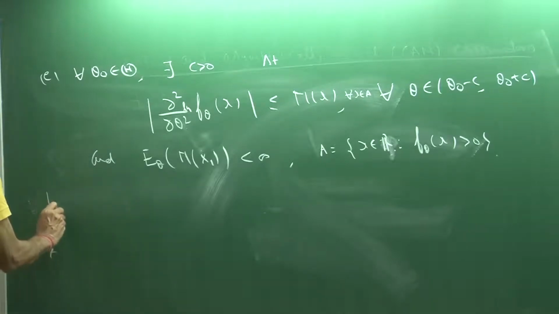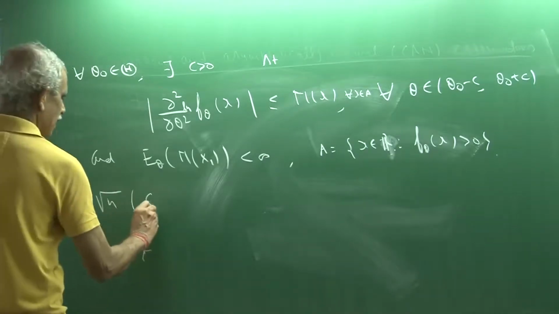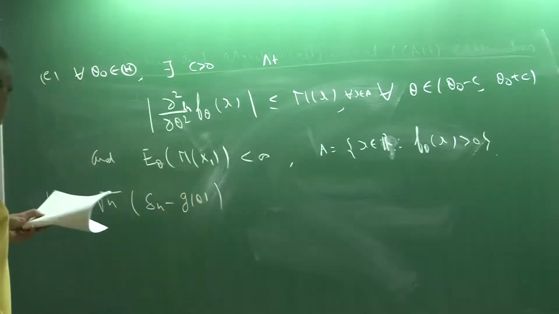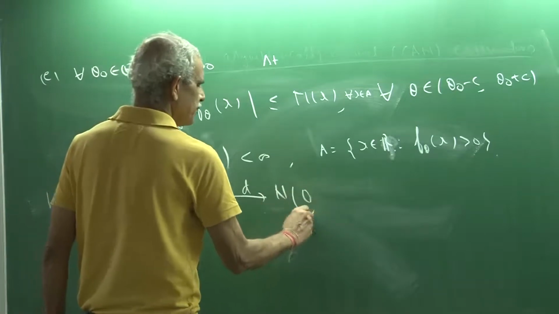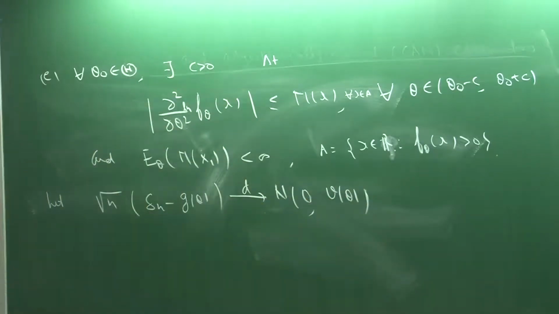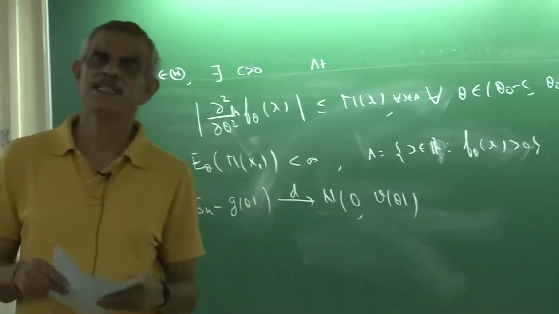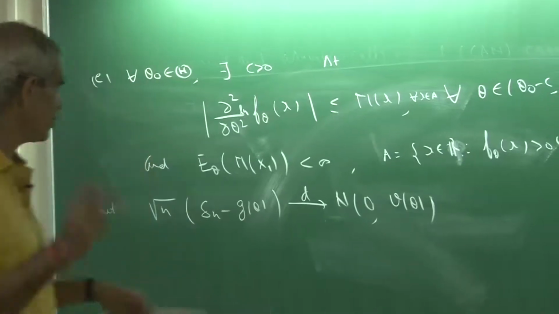Let delta n be any estimator such that root n times delta n minus g theta goes in distribution to normal 0, v theta. I am not going to prove it. I will give you the idea of the proof. So under these conditions, what does your Cramer-Rao lower bound say? That the variance of delta n would be greater than or equal to g prime theta whole square by n times I theta. That is what this says.